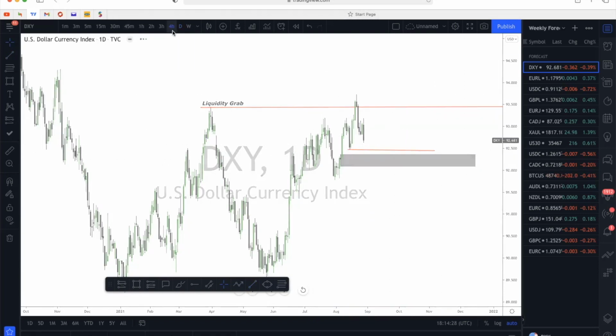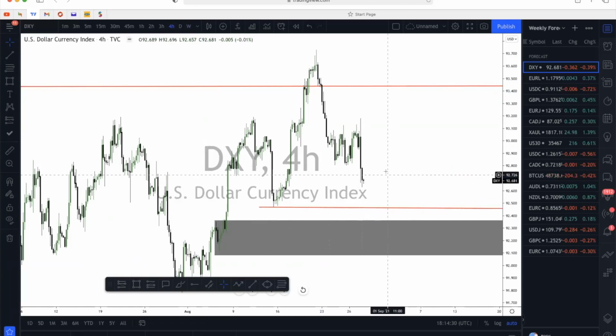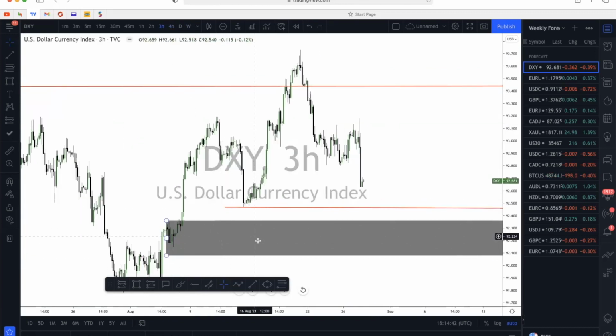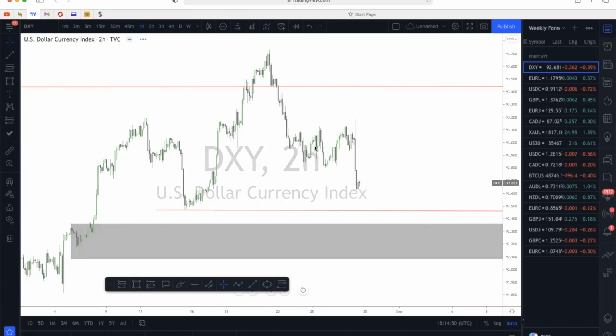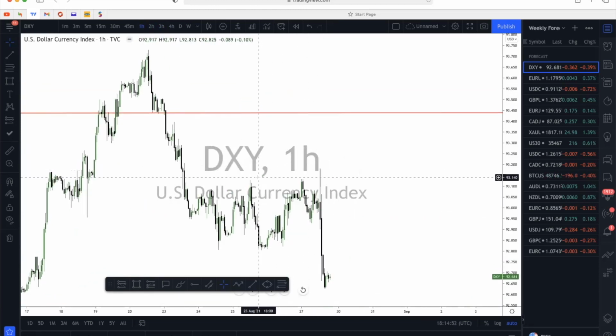So let's go to the 4-hour time frame. Price already broke market structure here, so I will be expecting price to come back into this particular block before I am going to be a seller, then continue onto this buying opportunity. Let me go to the 1-hour time frame, just to get a clearer zone for me to trade from.